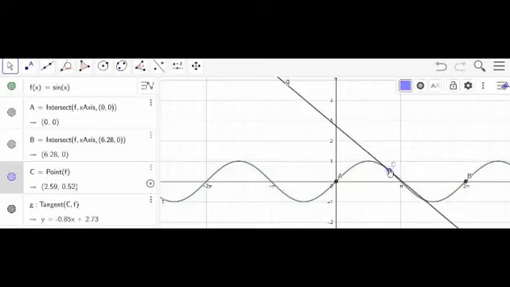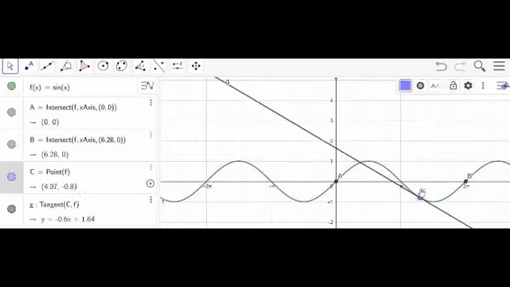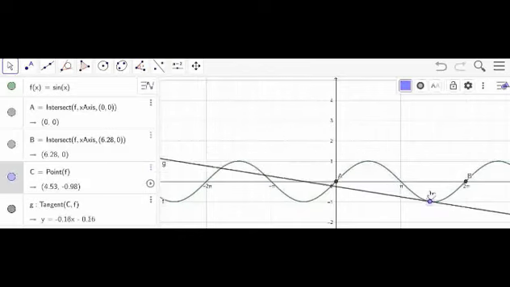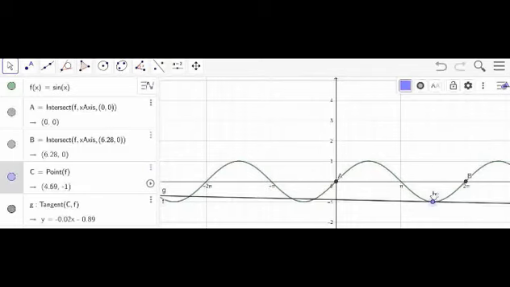And as we move from pi to 2 pi, this is the point 3 pi by 2. This is nearly 4.71, where the tangent is parallel to the x-axis, and there is no other point between pi and 2 pi where the tangent is parallel to the x-axis.